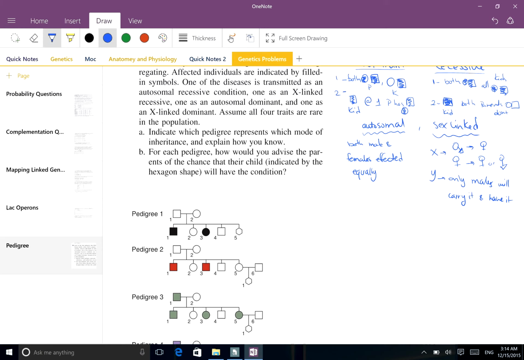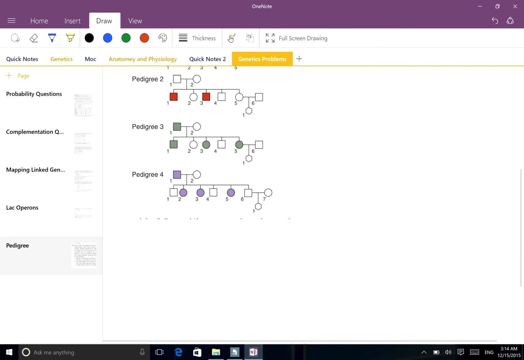In case you see that the father is giving it to the son and also to the daughter at the same time, it's the father who has it. Anyways, you know that it's autosomal unless it's sex-linked, and we'll look at different examples.